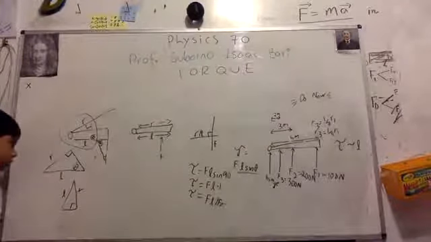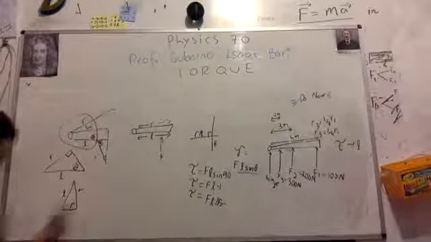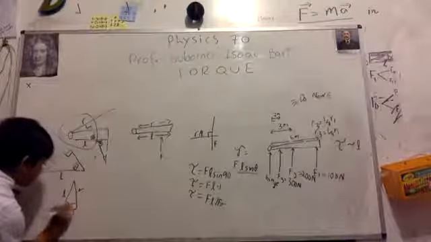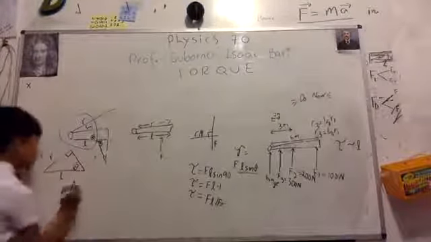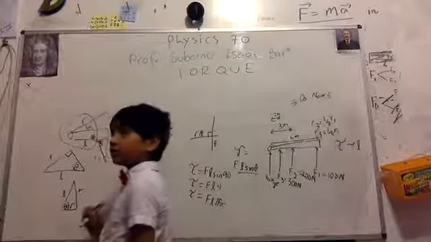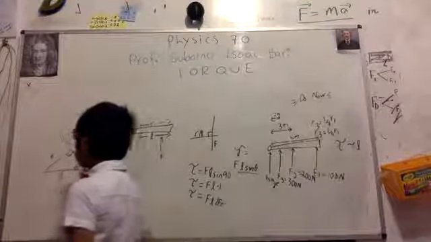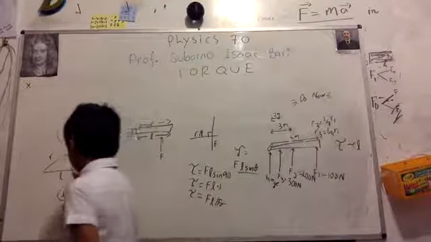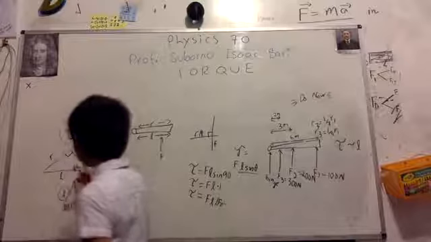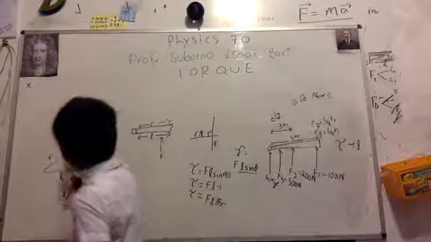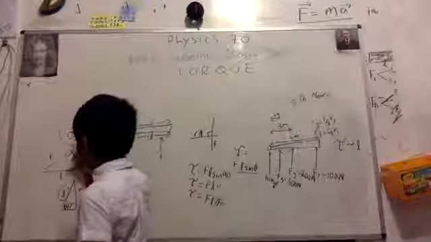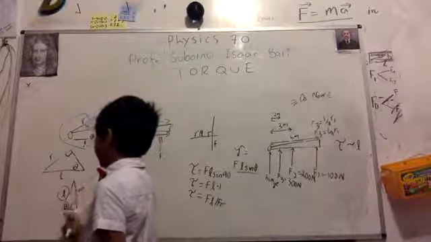Sine is opposite over hypotenuse, meaning where theta is here. So here we know the hypotenuse. No, Professor, the theta is on the top. When you rotate this, from my perspective, it seems that the theta goes here.